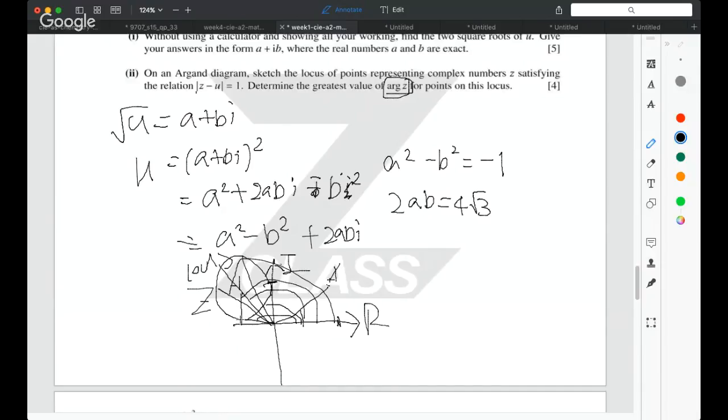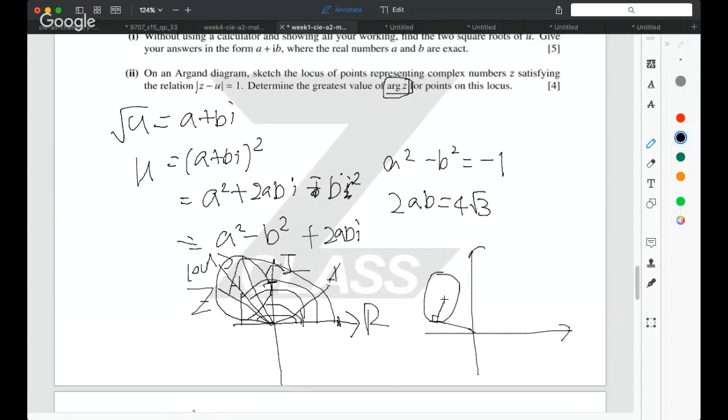So how would you find this angle? Let me draw it again. You have a circle like this, and this one gives you the greatest. First of all, this is a tangent of this circle, which means that from the center of the circle to this tangent you have a right angle.